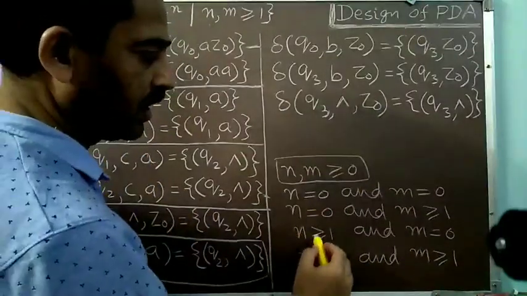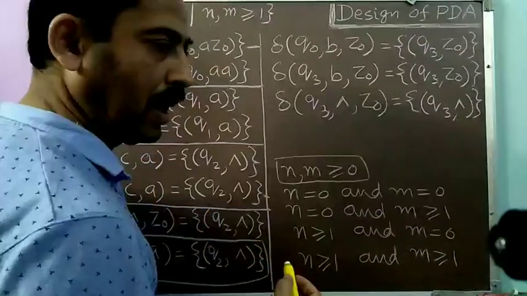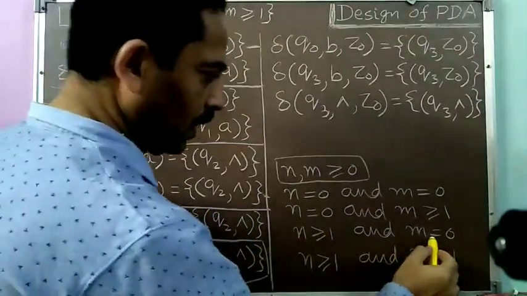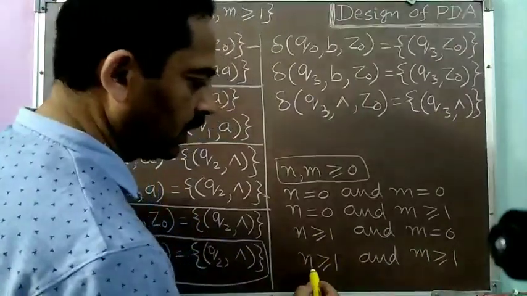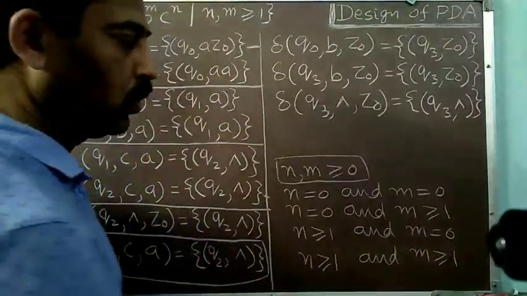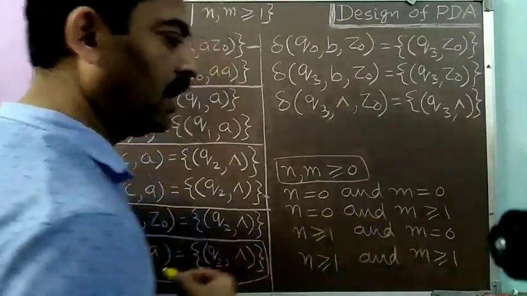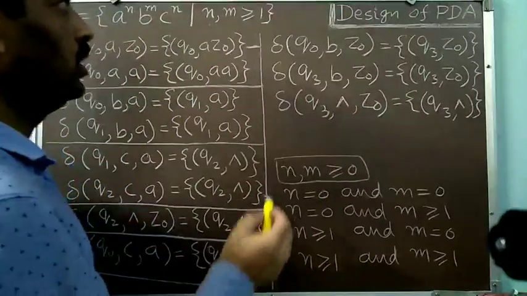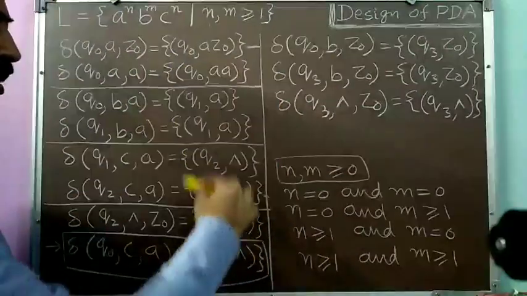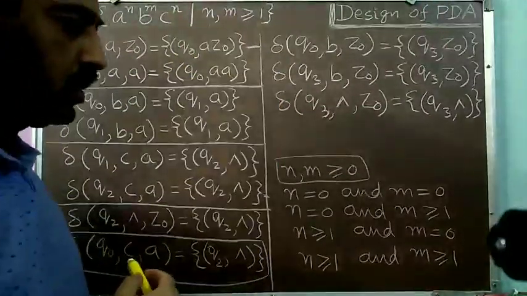Third condition is n greater than or equal to 1 and m equal to 0, means m is 0 and n is non-zero. And the fourth condition is both n and m greater than or equal to 1, means both n and m are non-zero. When both n and m are non-zero, we have already written this solution. So we will consider all these transitions.